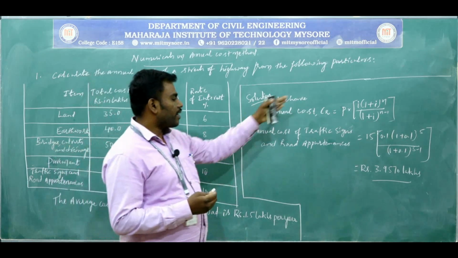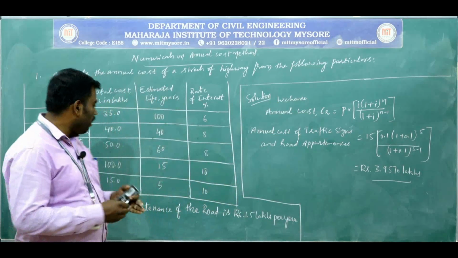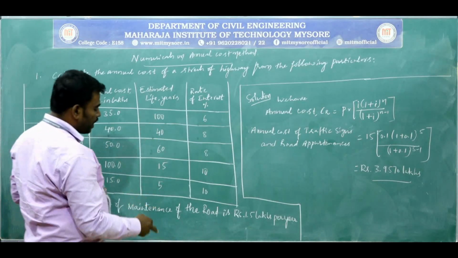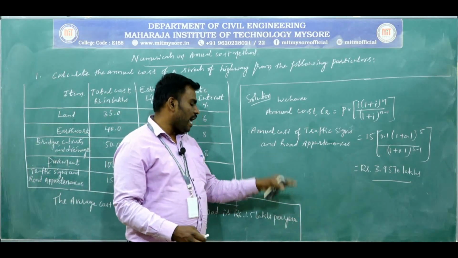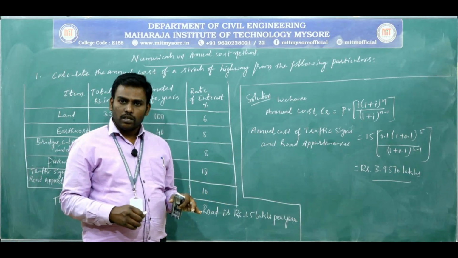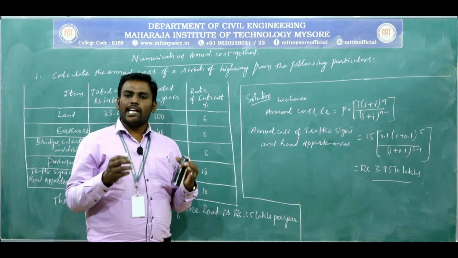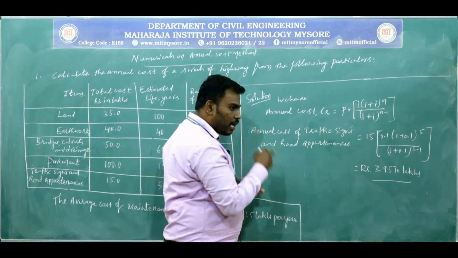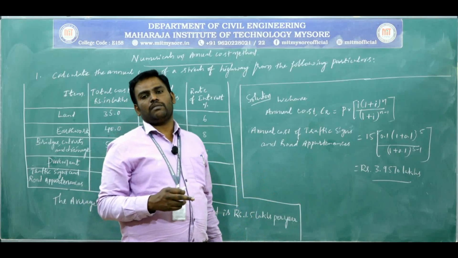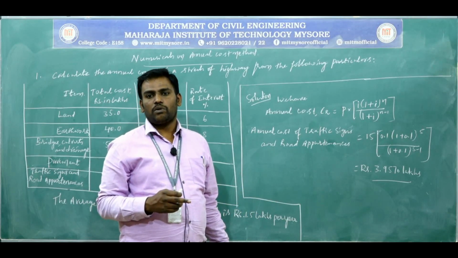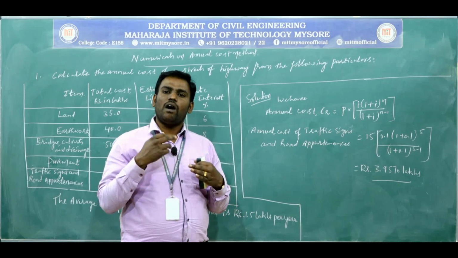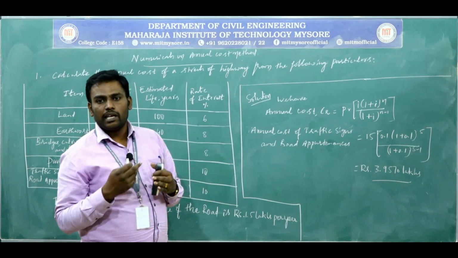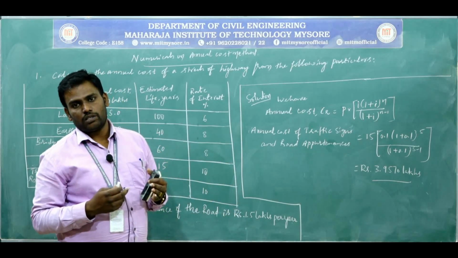In addition, the average cost of maintenance of the road was given as rupees 1.5 lakhs per year. The total annual cost is equal to the annual costs of all the items plus the average maintenance cost.